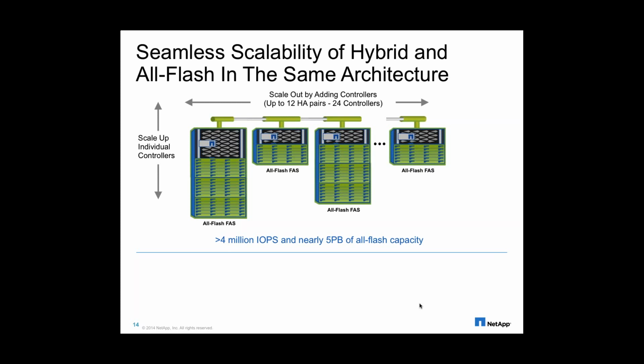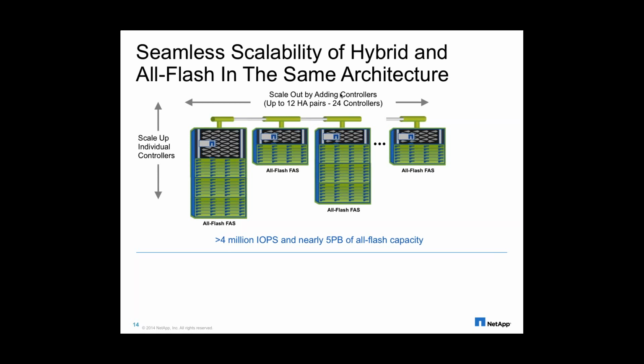So we have all flash. We can do the super high performance. We can provide for all flash environments. But as we've been saying, it's about options and it's about flexibility. It's about usage. On the user side of this cluster, I can share any component in here as an NFS mount point, as a Windows share, as Fibre Channel LUNs, as an FCoE device.